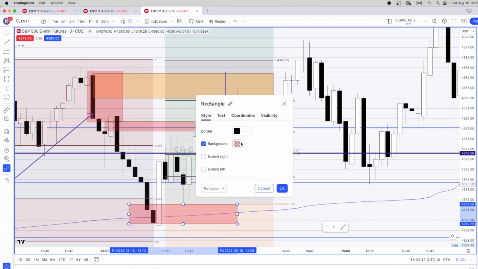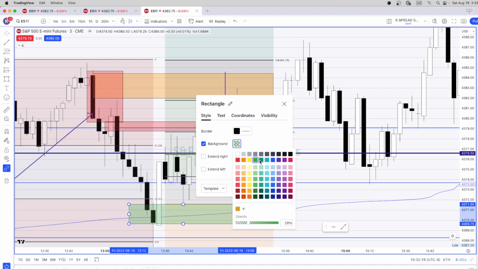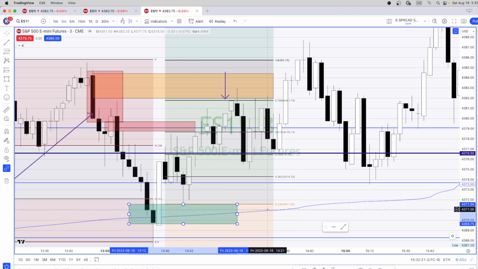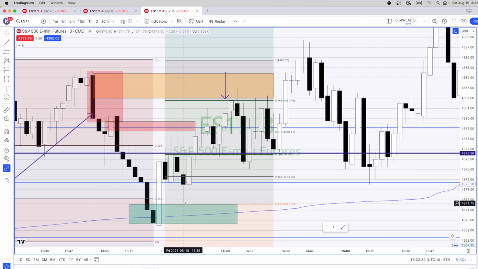This is sort of like the local support now. So it's not going to come down below the 2.236 fairly easily. Because this was a big buy support, likely there's going to be more of the similar type of buyers waiting here at the VWAP.